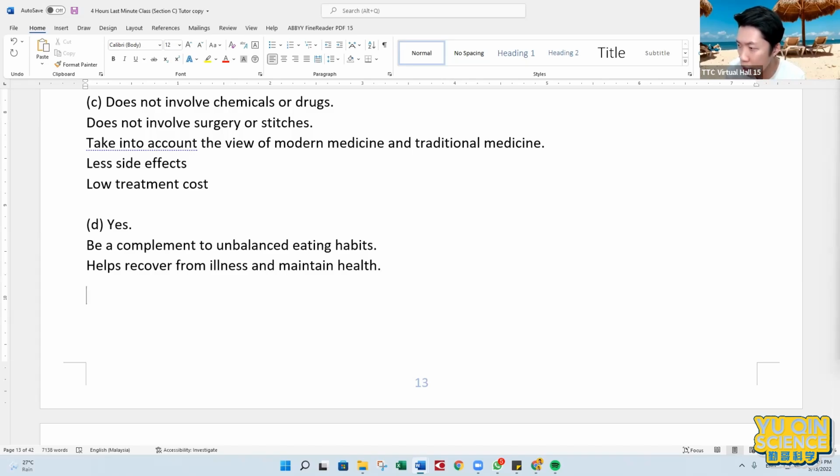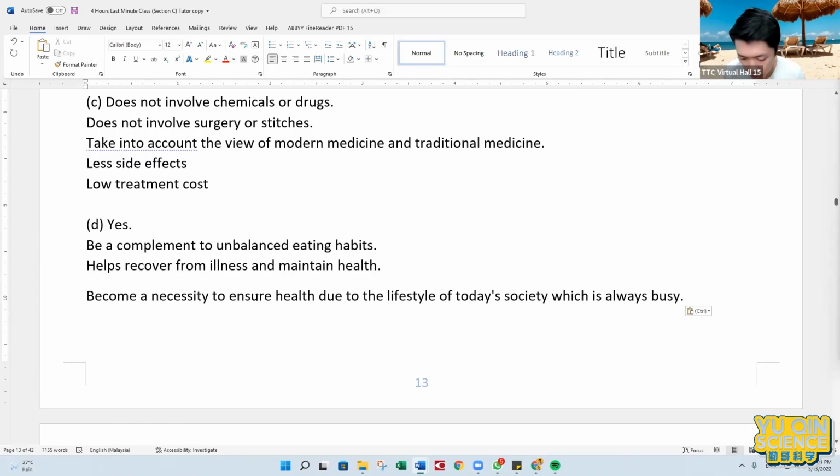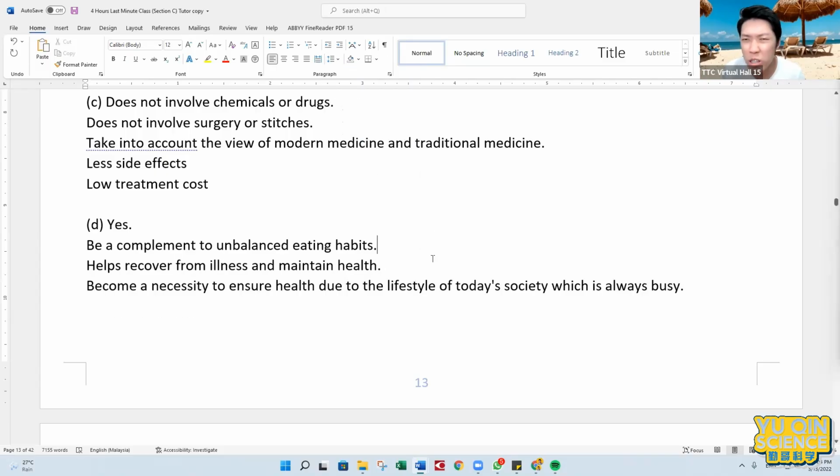I think one more is, this answer is legit from your textbook. This is literally copy paste from your textbook. This is what the textbook says. Nowadays people are very busy.